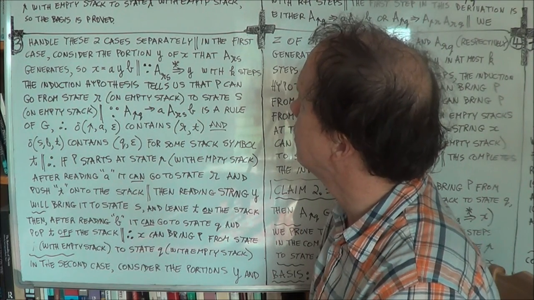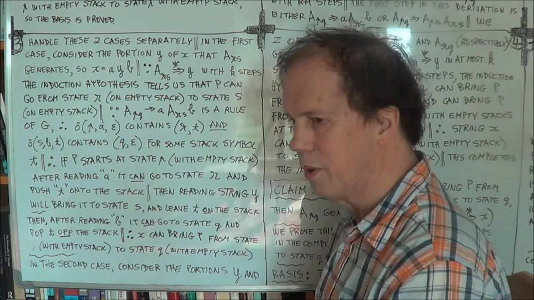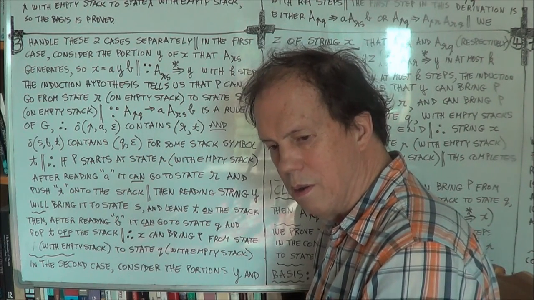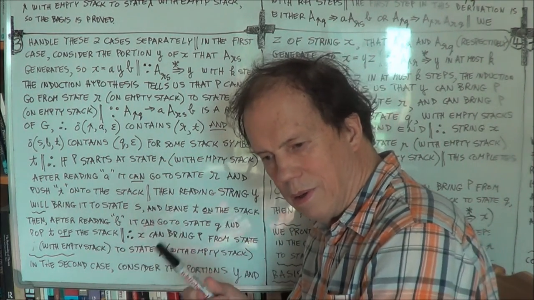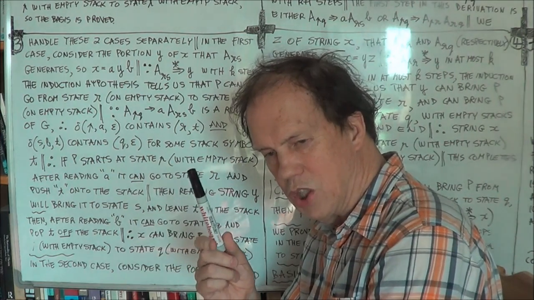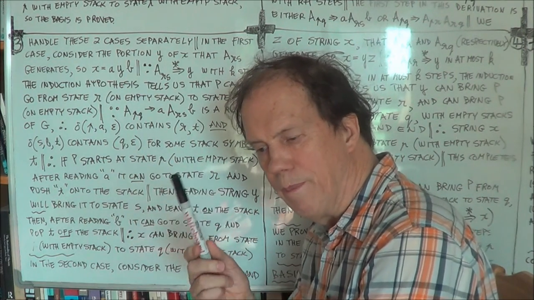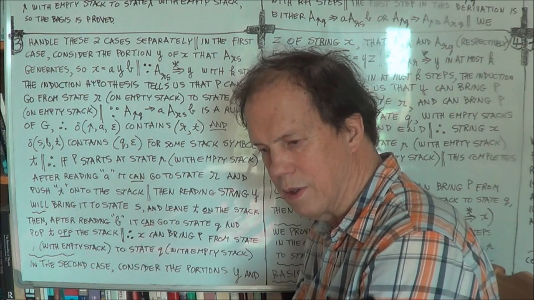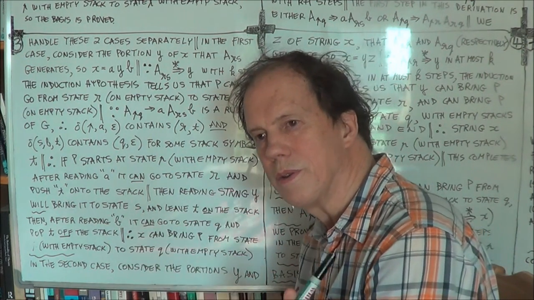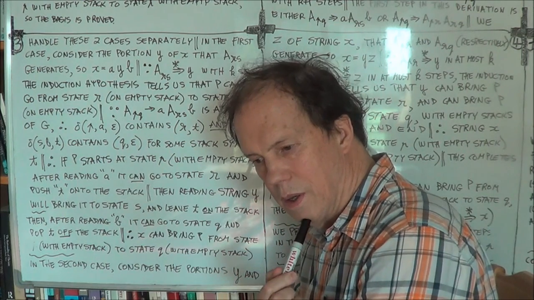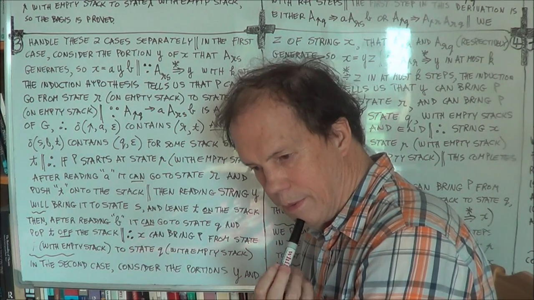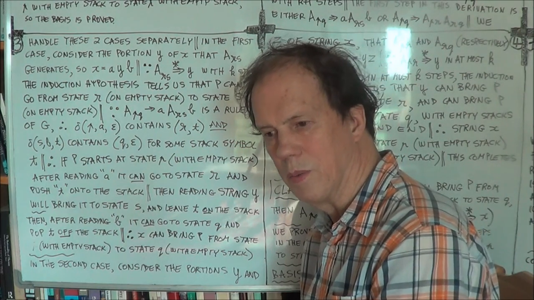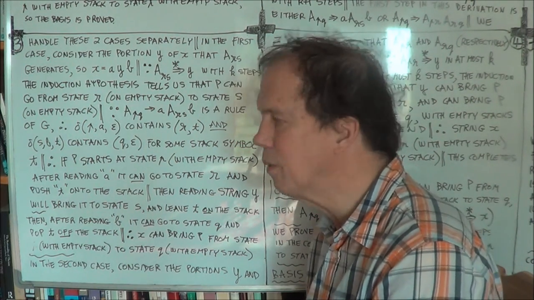Okay. So now we had two cases: when the stack empties between the state of the machine P being in state little p and state little q, and the other case, when the stack clears only at the end, when the state's in little q.